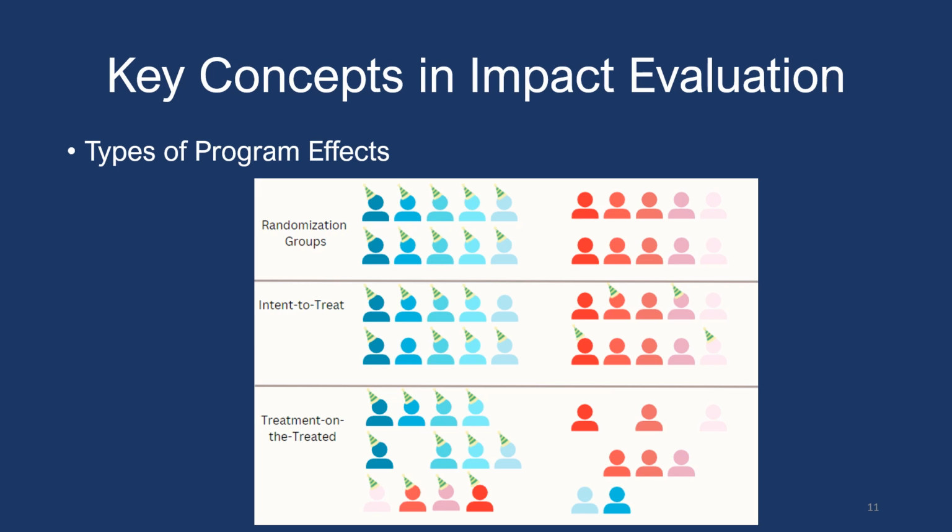In this situation, evaluators will often examine each individual, determining who actually participated in the program and who didn't, regardless of which group they were originally assigned to. This results in what are called treatment on the treated effects. These essentially eliminate the strengths that we achieved through our randomized approach, because we are now taking everybody who received treatment and putting them together, and taking everybody who did not receive the treatment or the program and putting them together.